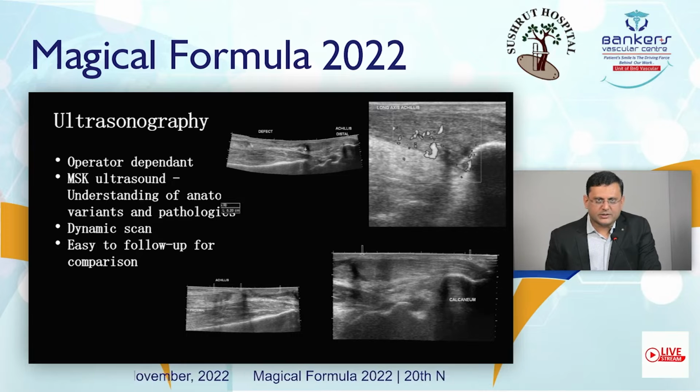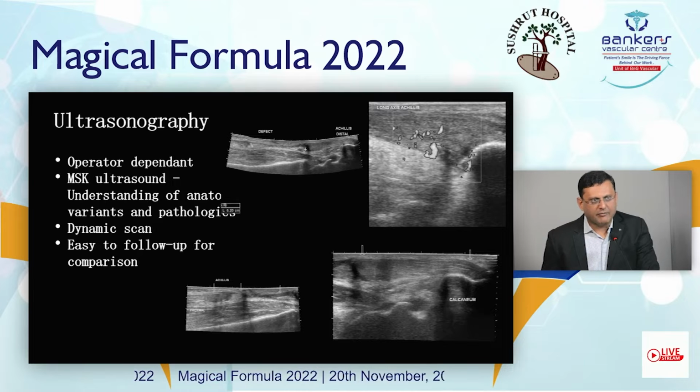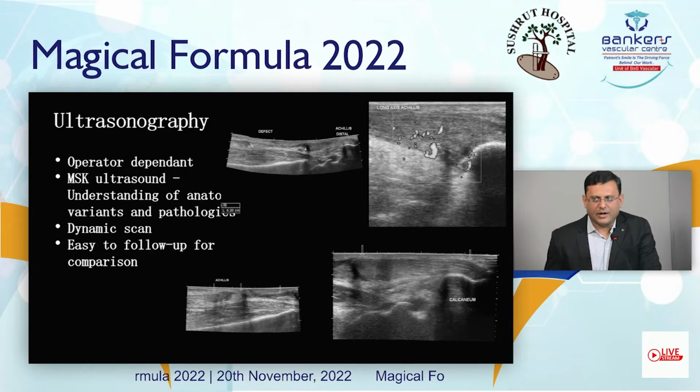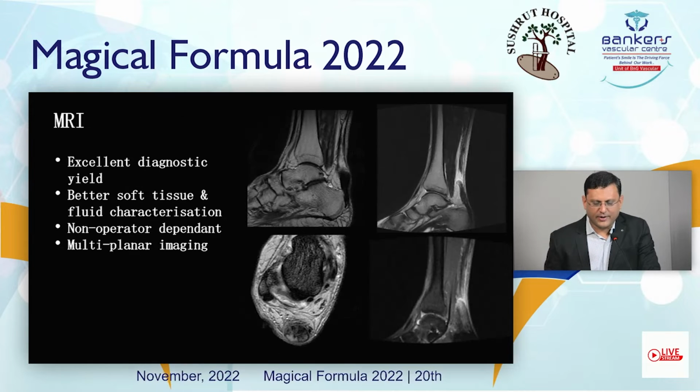The advantage is that you can do a dynamic study with movement of the tendon, and it is easy to follow up and easy to do comparison also. Whenever we have doubt, we have the other leg by the side, so we can compare both the tendons, and it is much easier to identify the pathology.